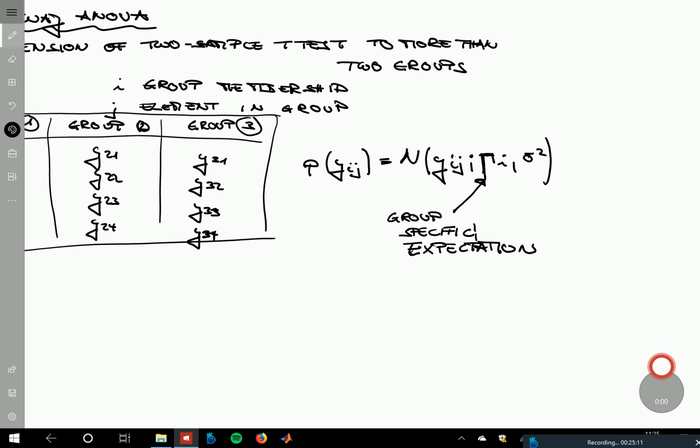And this variance is an identical variance for all of them. So the thing is that the sigma square doesn't have any ij subscripts, so sigma square is the same value for all data points. Yeah, the expectation varies over groups, but the variance doesn't vary.